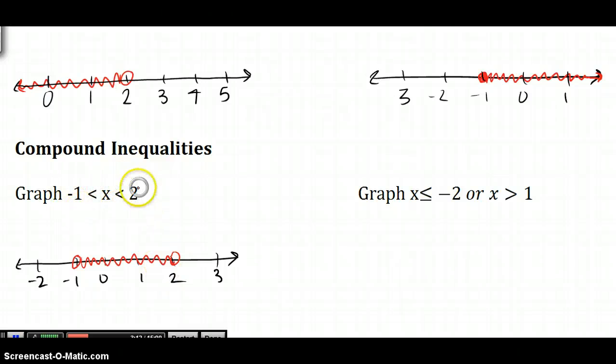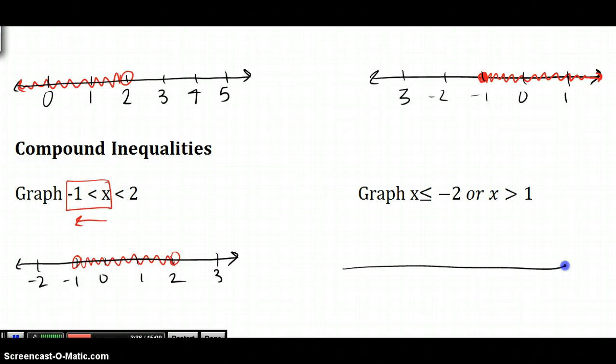If you have a hard time reading this, you can rewrite it. If you look at them separately, x has to be less than 2. You have to read it going from right to left to read in the other direction. So you have to read this way. X is greater than -1. That's how you read these AND statements.